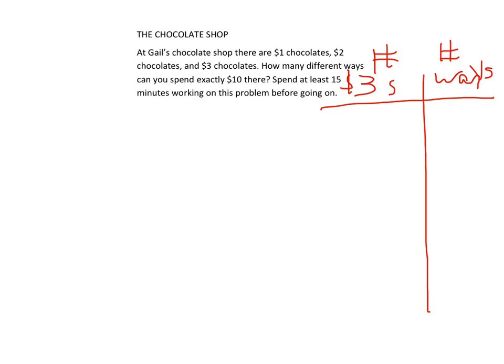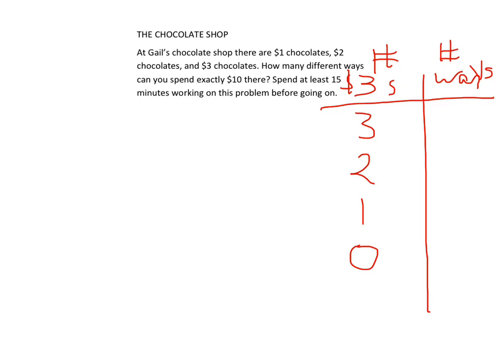Now, what are our choices for the $3 chocolates? Well, to spend $10, if we're buying $3 chocolates, we could either buy 3 of them, 2 of them, 1 of them, or none of them. So for each of these, we're going to figure out how many different ways we can spend $10.